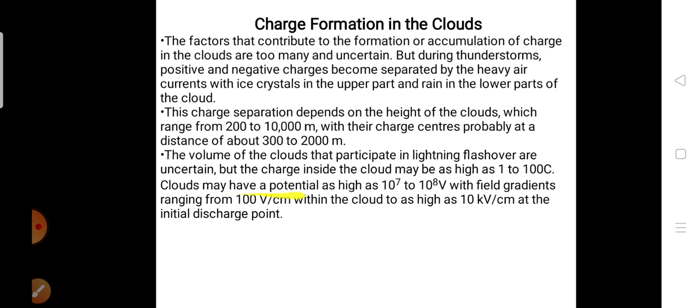The clouds may have potentials as high as 10^7 to 10^8 volts, with field gradients ranging from 100 volts per centimeter within the cloud to as high as 10 kilovolts per centimeter at the initial discharge point.